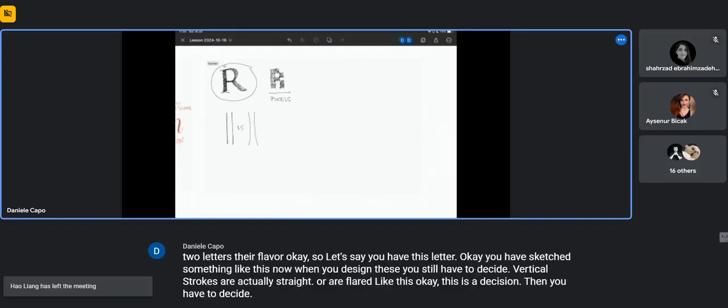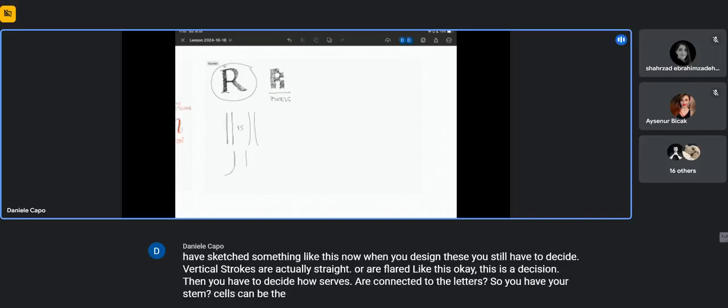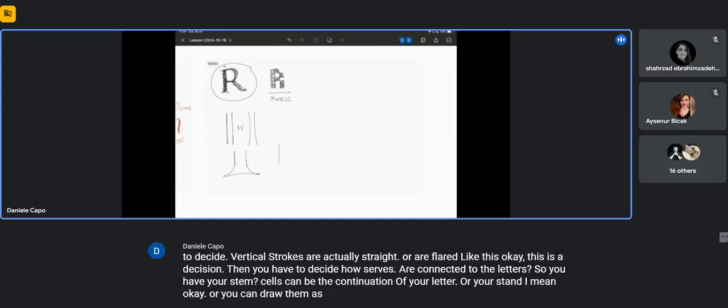Then you have to decide how serifs are connected to the letters. So you have your stem. Serifs can be the continuation of your stem, or you can draw them as a wedge, like this.